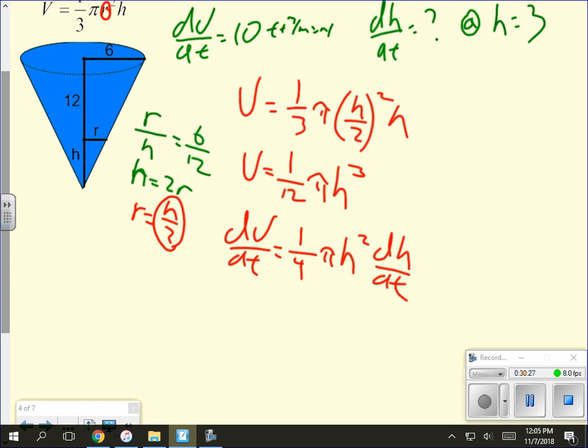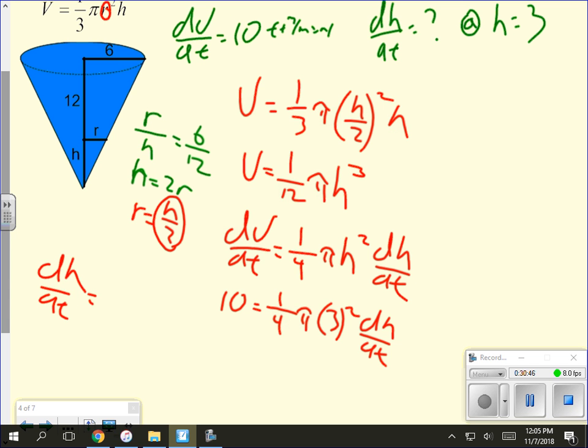Plug in the values: 10 equals 1/4 pi 3 squared dH/dt, and solve for dH/dt. dH/dt equals, let's see, so that's 9/4. So multiply that by 4/9. So 40 over 9 pi.